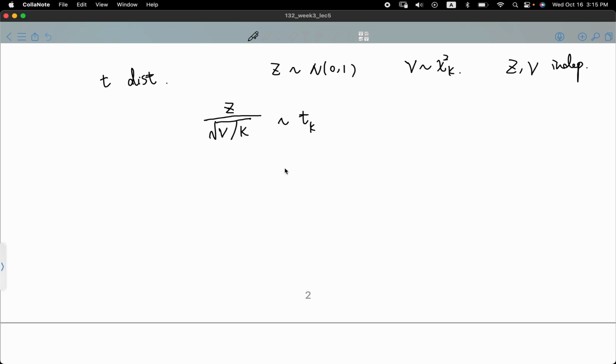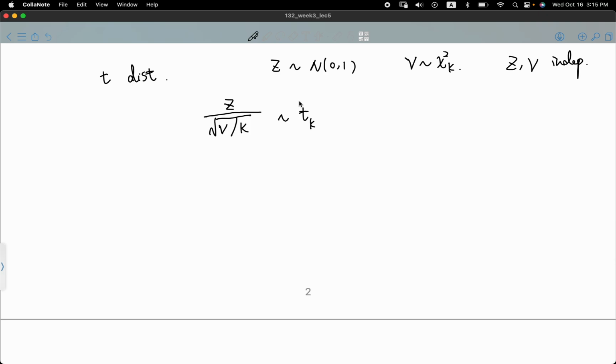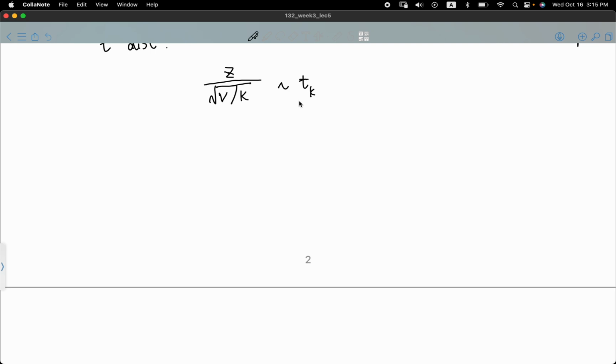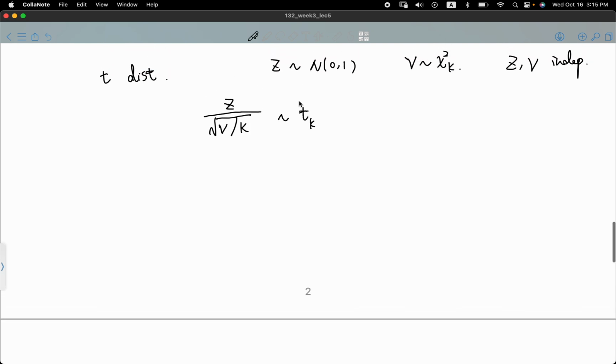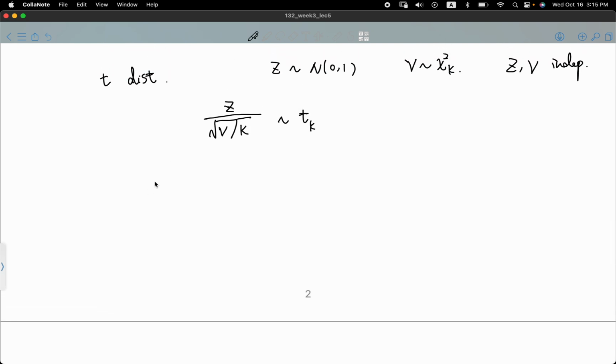Okay, so now we are going to derive the density function for a t distribution by using the method of transformation. So let's first make our transformation.